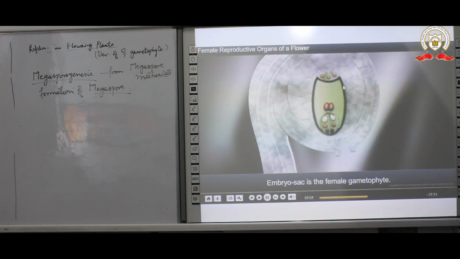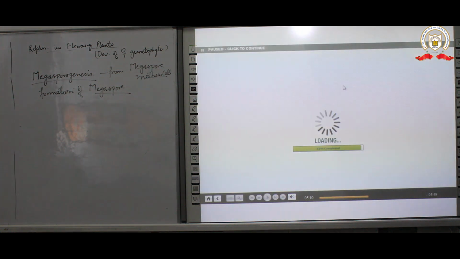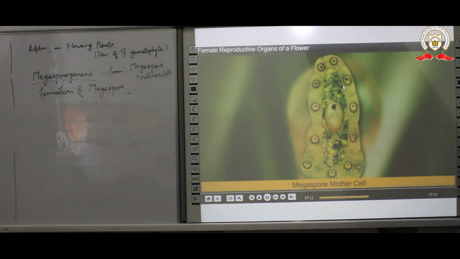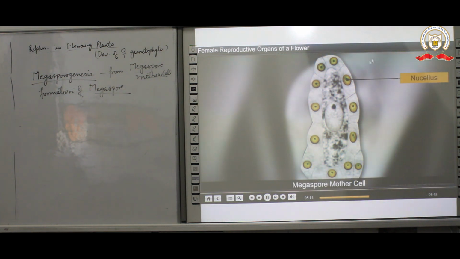The female gametophyte, the embryo sac, develops from the megaspore mother cell. Right, children? This megaspore mother cell is formed when one of the nucellus cells, towards its micropylar end, gets differentiated into a megaspore mother cell.